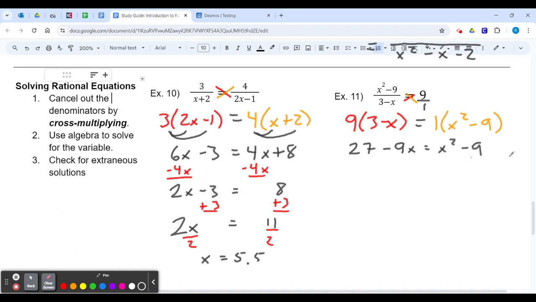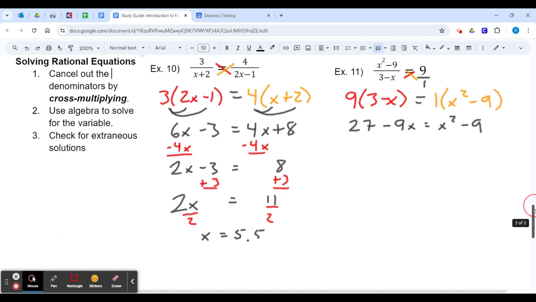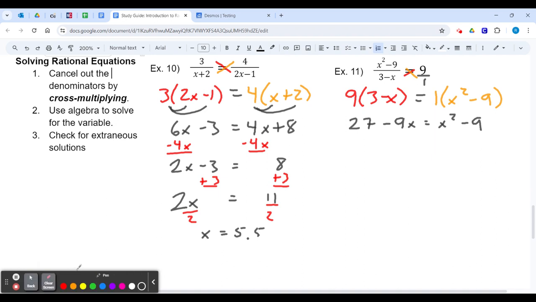Now to solve this by hand, which I would not recommend doing, I'd recommend graphing a problem like this. You can recognize that we have a polynomial with a square. So we need to move all terms to one side of our equation in order to set to 0 and find those zeros. So I'm going to add 9x to each side.